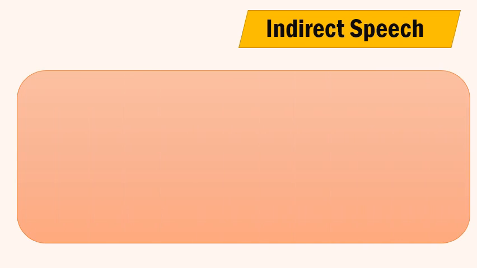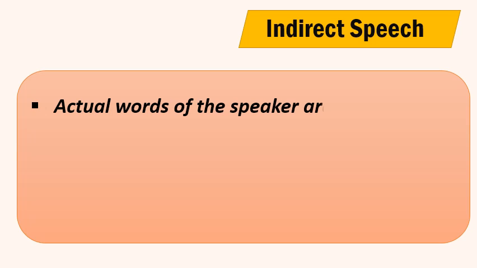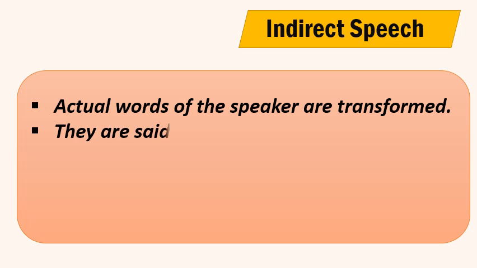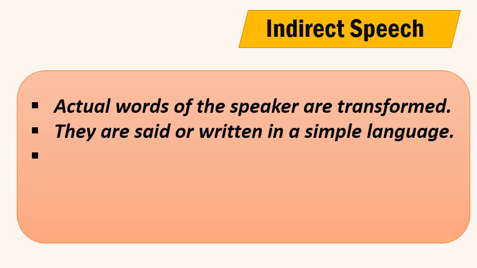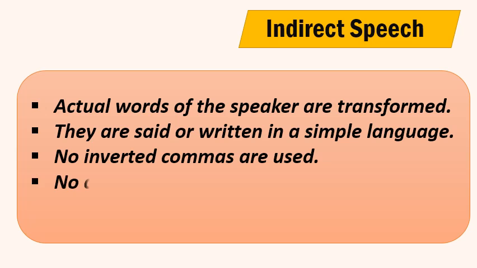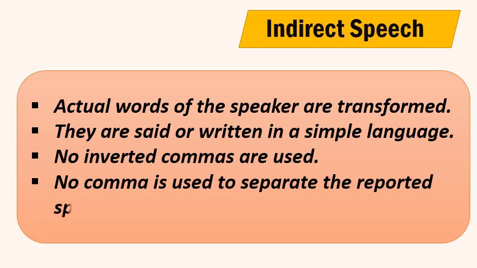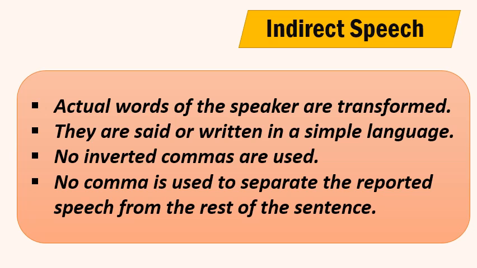Now let us see what is indirect speech. The answer to the question is: the actual words of the speaker are transformed. They are said or written in simple language. No inverted commas are used. No comma is used to separate the reported speech from the rest of the sentence.